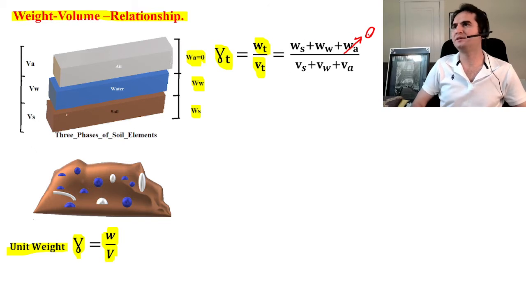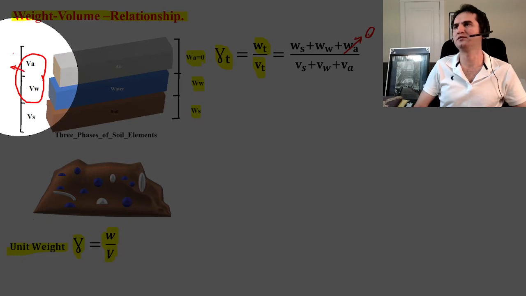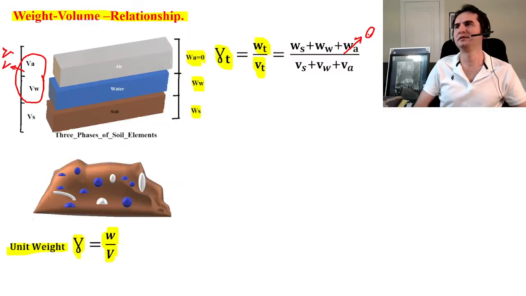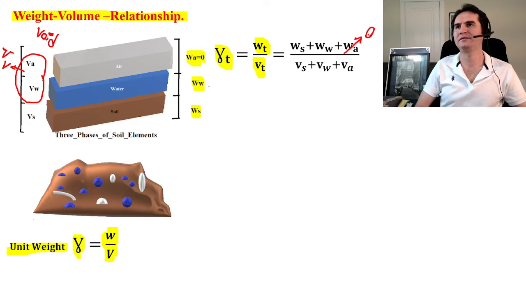The other thing is that we consider the volume of air and water together to be called the volume of void. That's the void between the soil structure. And at the right, likewise, we have the weight of void.